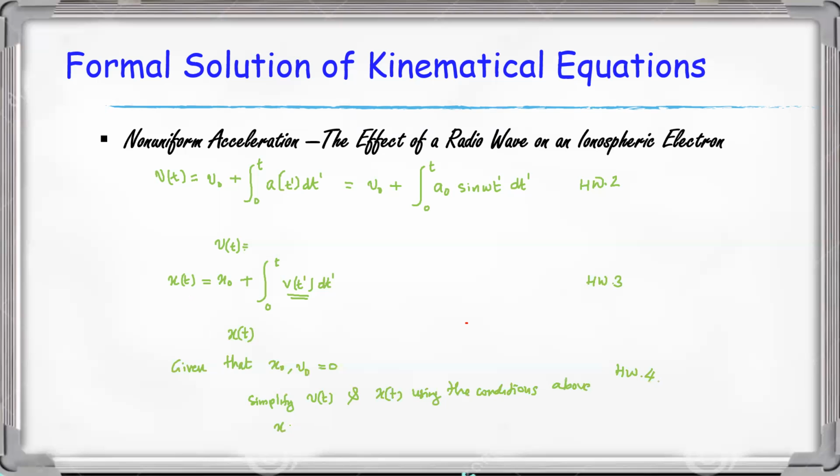So in the last expression, you will get x of t must be equal to a0 t divided by omega minus a0 divided by omega square sin omega t.